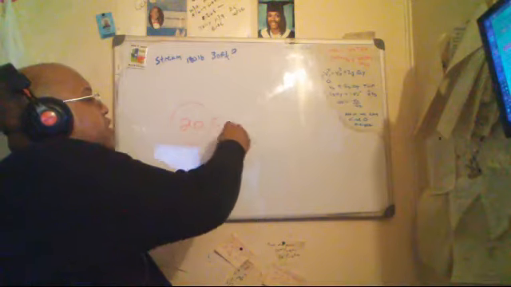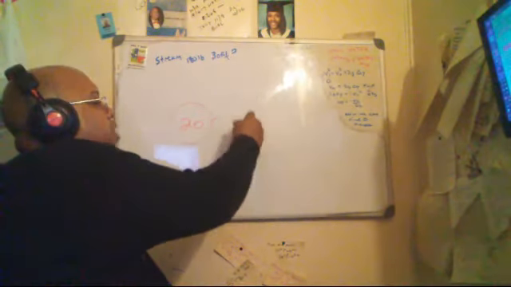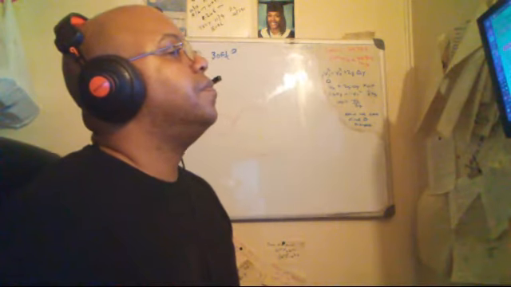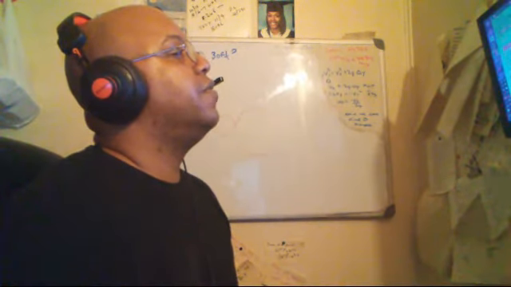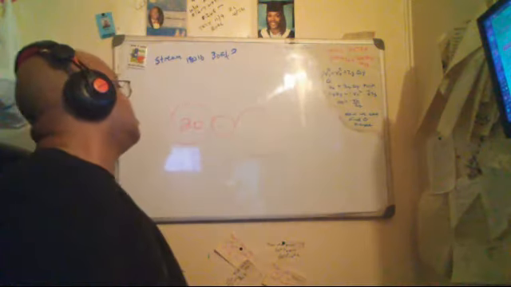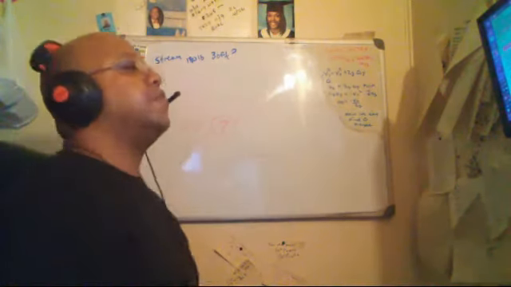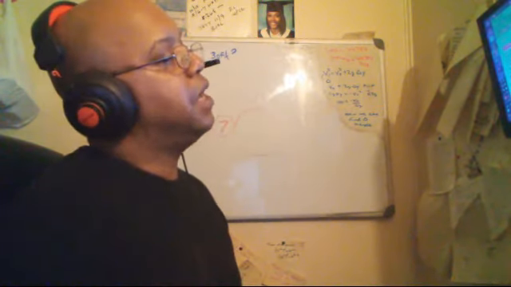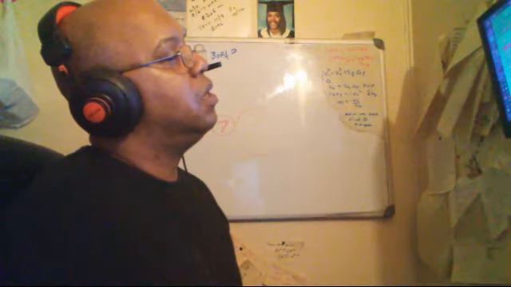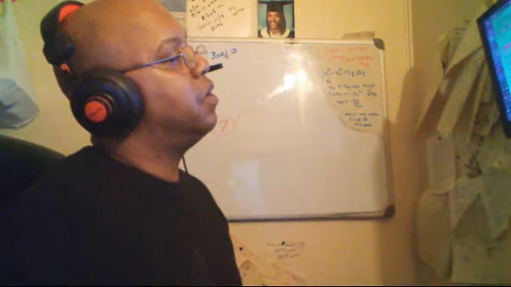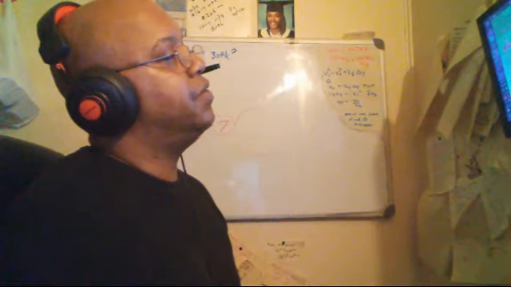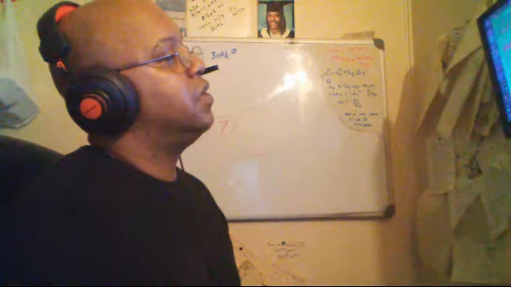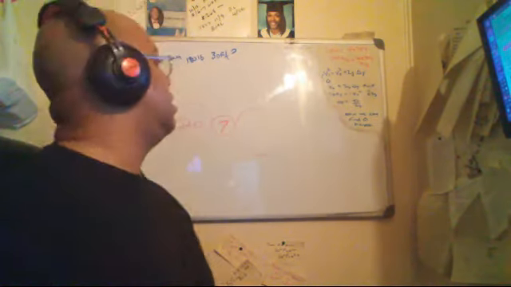You have a central gear, and then you have another gear here. 1, 2, 3, 4, 5, 6, 7. And then C looks like it's the same size. 1, 2, 3, 4, 5. Hold on. 1, 2, 3, 4, 5, 6, 7, 8, 9, 10, 19, 20.